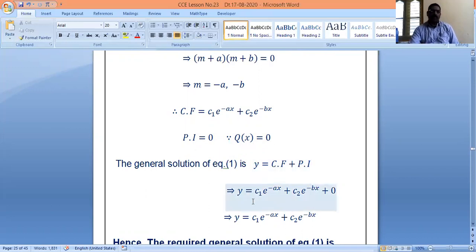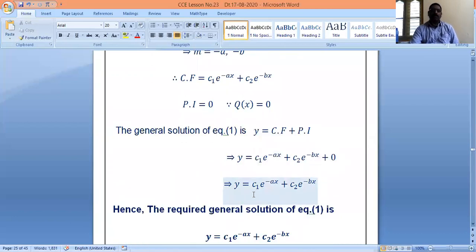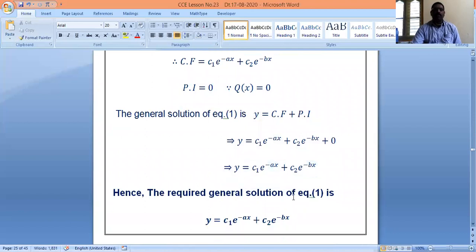That implies y = c1 e^(−ax) + c2 e^(−bx) + 0. Hence, the required general solution of equation 1 is y = c1 e^(−ax) + c2 e^(−bx).